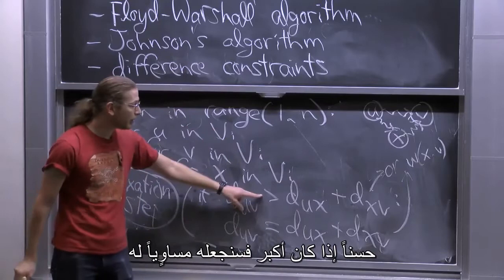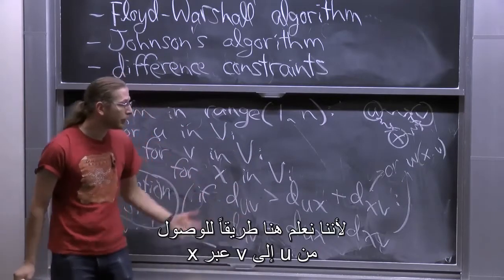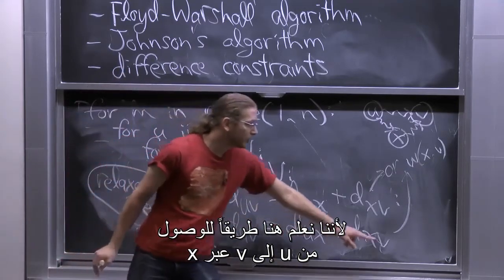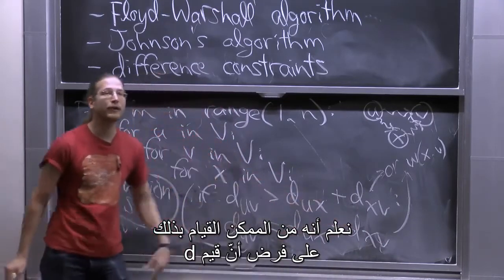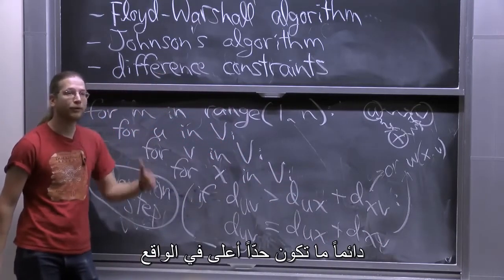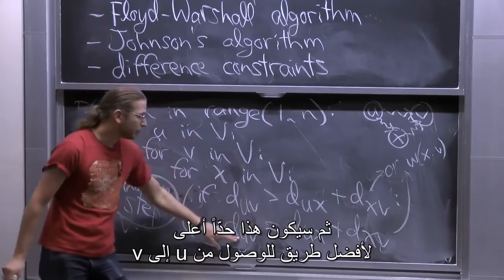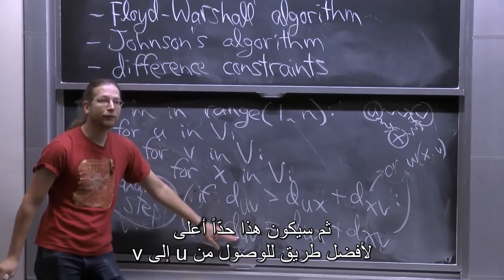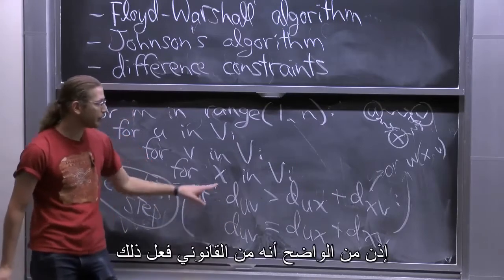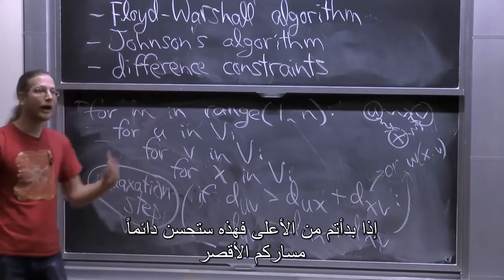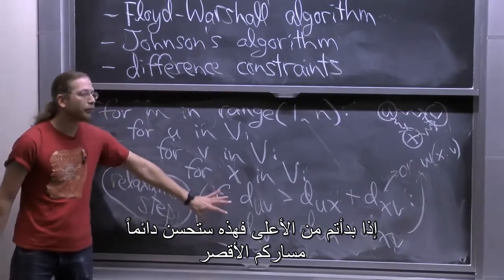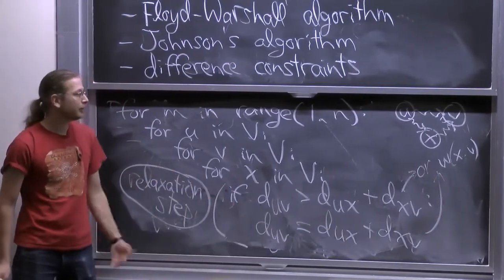Okay, so if it's greater, we're going to set it equal, because here we know a way to get from u to v via x. We know that it's possible to do this, assuming our d values are always upper bounds on reality. Then this will be an upper bound on the best way to get from u to v. So this is clearly a valid thing to do. Relaxations are never bad. If you start high, these will always improve your shortest paths, so you get better estimates.